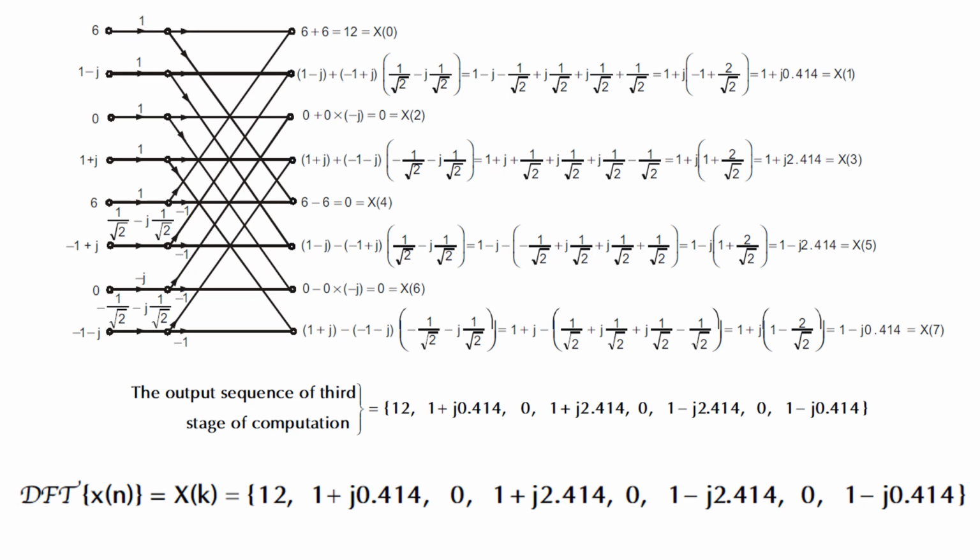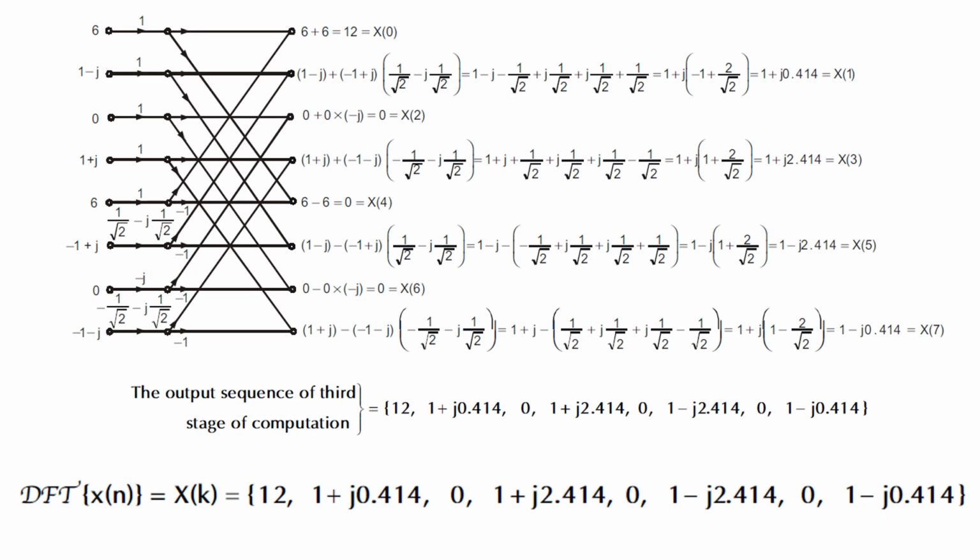So the previous stage output, that is 6, 1 minus j, 0, 1 plus j, 6, minus 1 plus j, 0, minus 1 minus j, will be acting as the input for this stage, and twiddle factors are fixed for the lines accordingly.